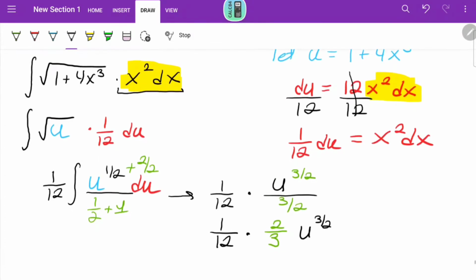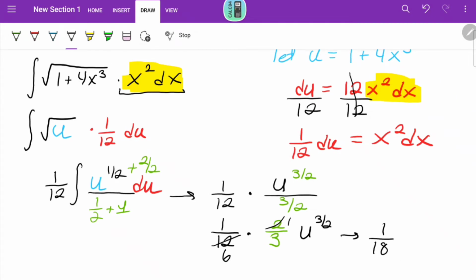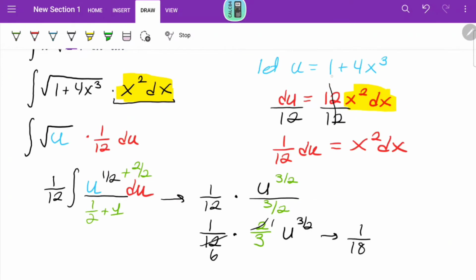Simplify even further, because 2 and 12 can simplify. 2 goes into itself once. 2 goes into 12 6 times. 1 times 1, that's 1. 6 times 3, 18. Remember, u is equal to 1 plus 4x cubed.